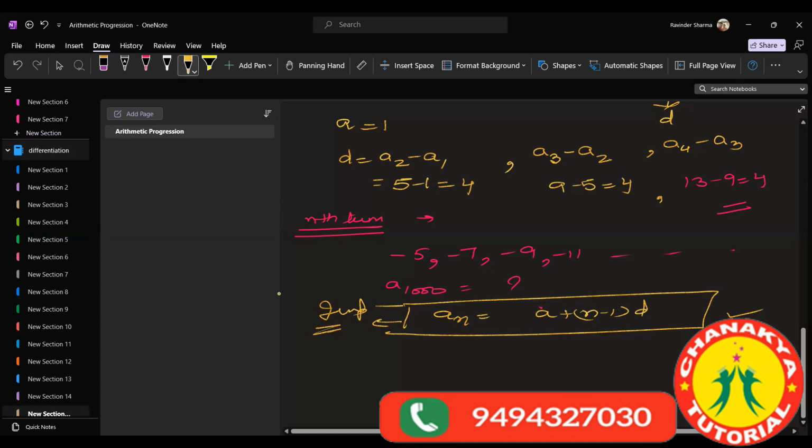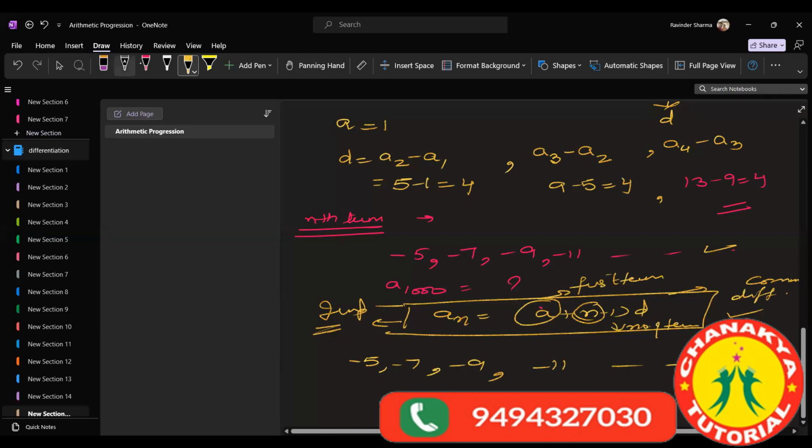Suppose how you will apply this formula. This series we have -5, -7, -9, -11. This a represents the first term, this d represents the common difference, and this n is the number of terms.